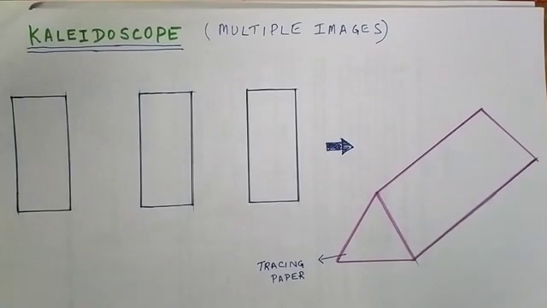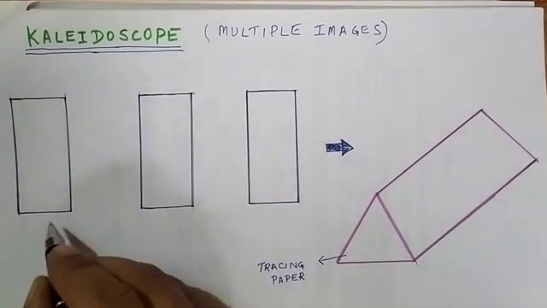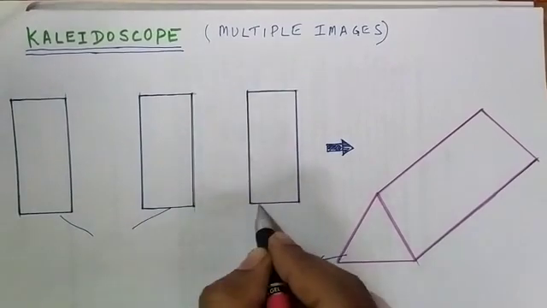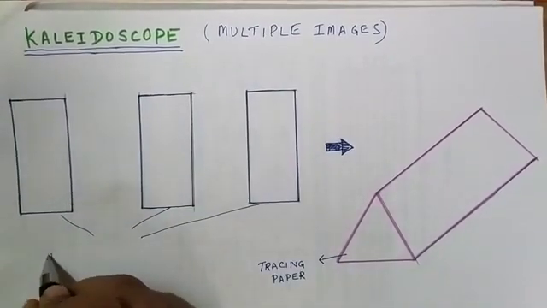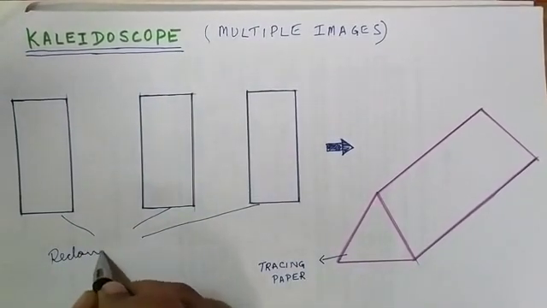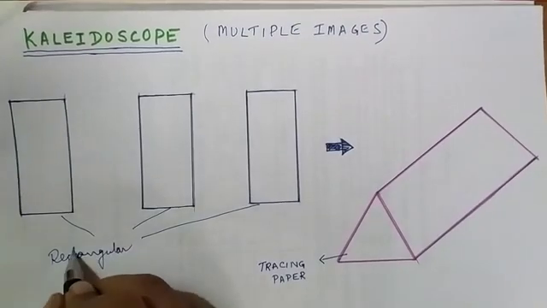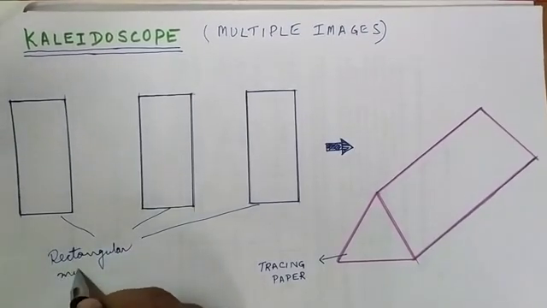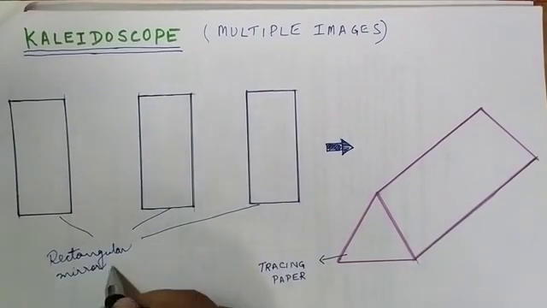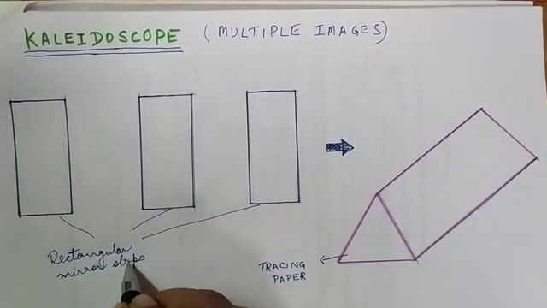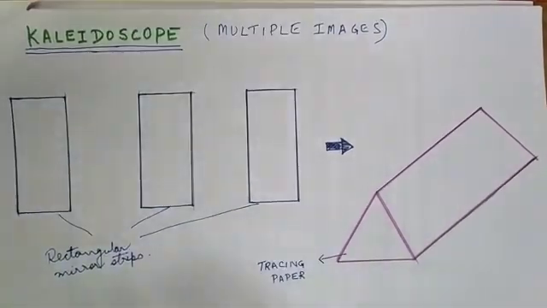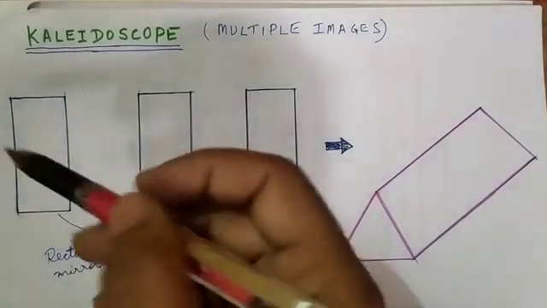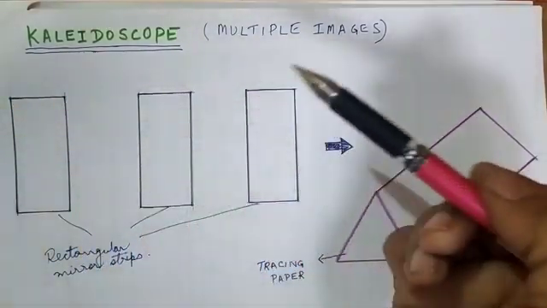In order to make a kaleidoscope we need to have three rectangular mirror strips, and of course the dimension of each of the mirror strips should be equal.